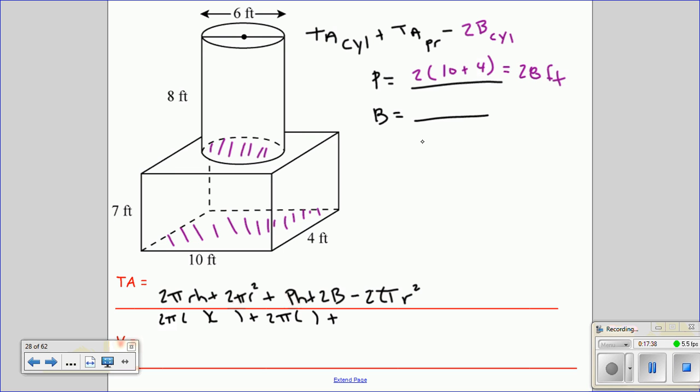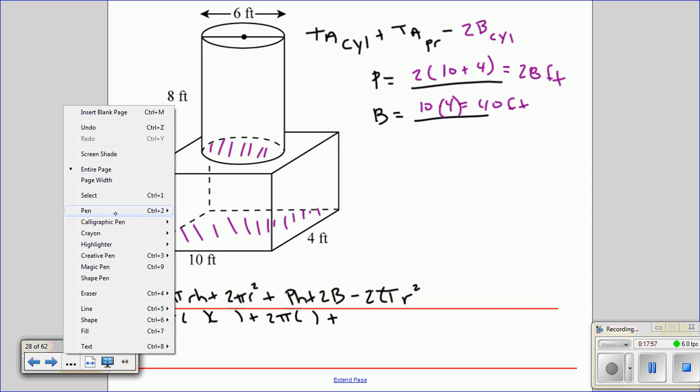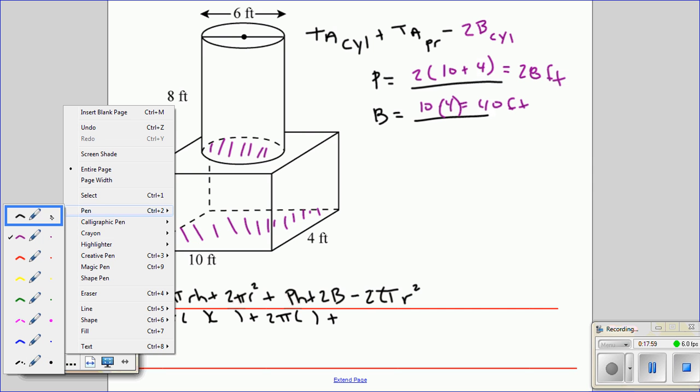So that's good. And then to find the base area of my prism, I would take 10 times 4, which is 40 feet. Now I should have everything I need to substitute in the appropriate location.